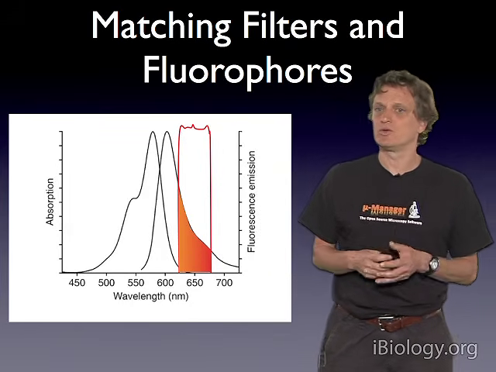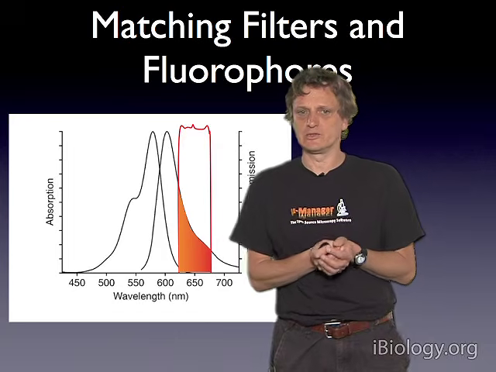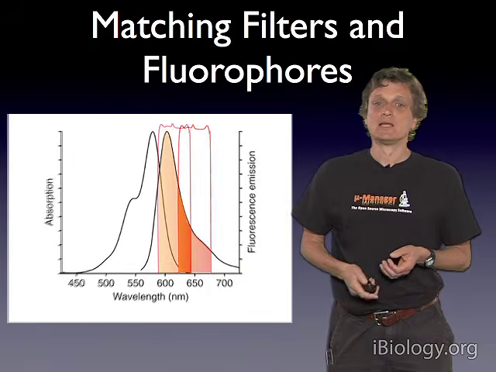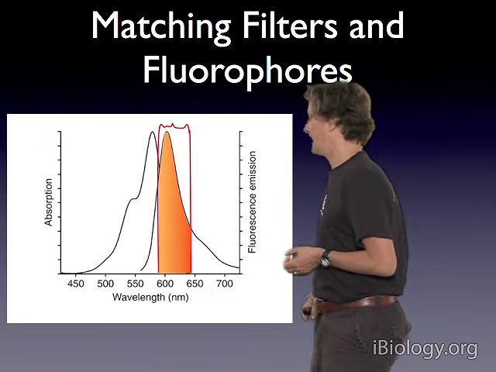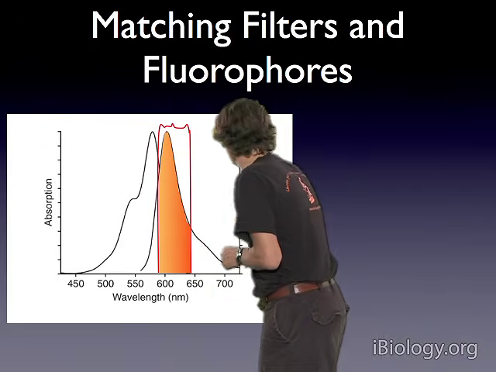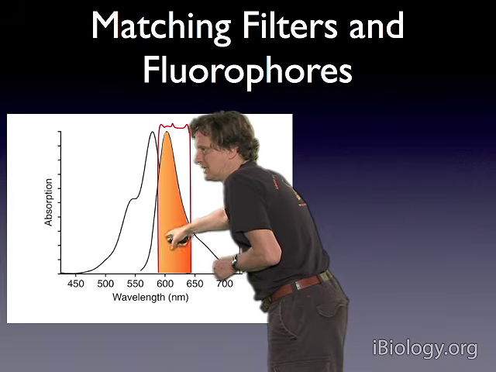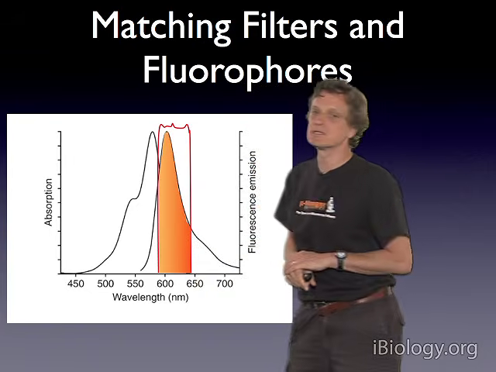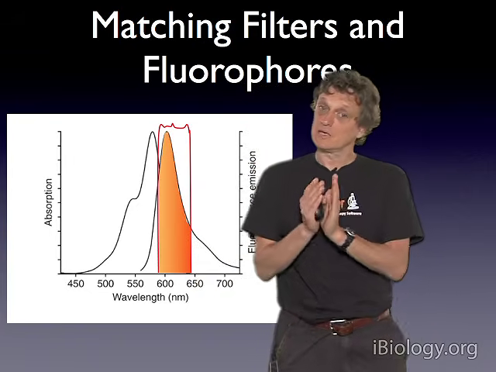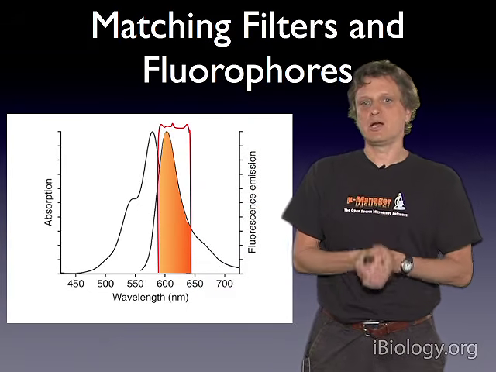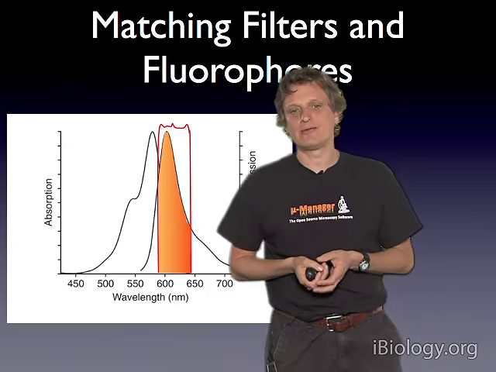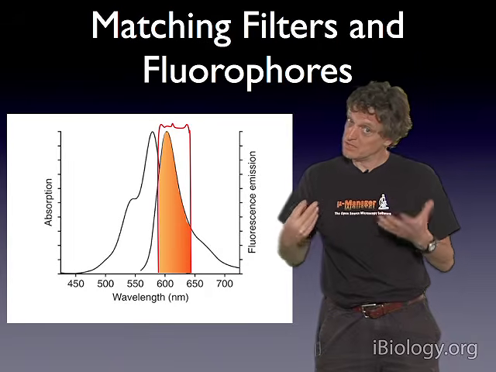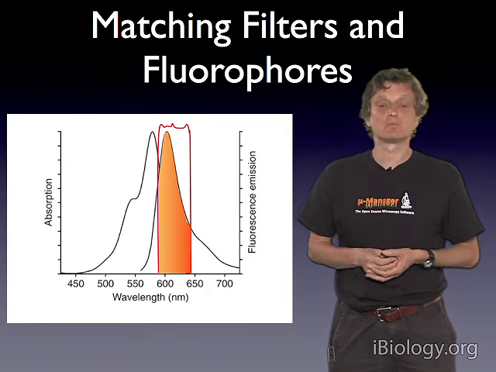And in general, you really want to get all the photons that you can. So it's not a perfect situation. So if you now switch to a bandpass filter that is slightly lower, centered around 610 nanometers, then you're catching a much larger fraction, like 75 or 80% of the emitted photons, and you'll be much happier because your image will be much brighter.